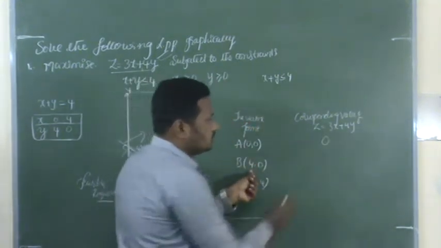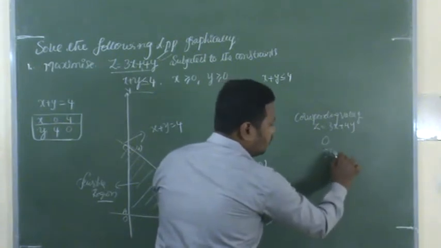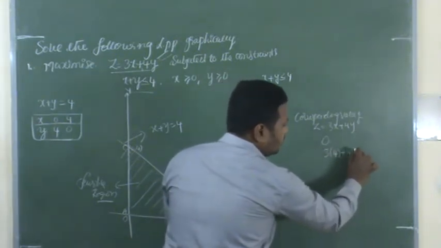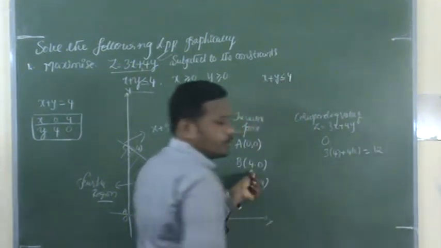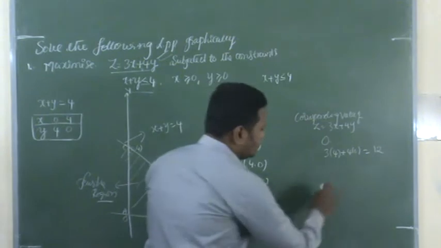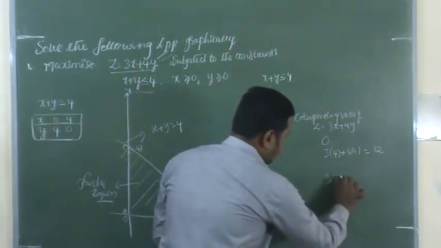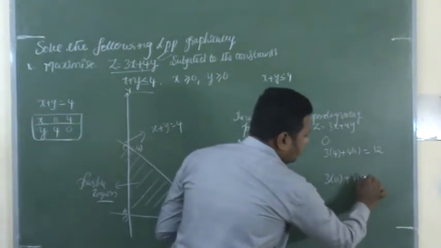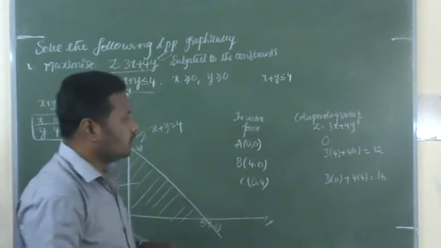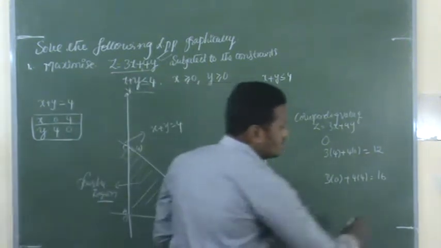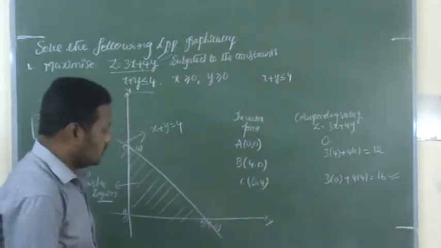At B, 3 into 4 plus 4 into 0 equals 12. At C, 3 into 0 plus 4 into 4 equals 16. Here the maximum value is 16.